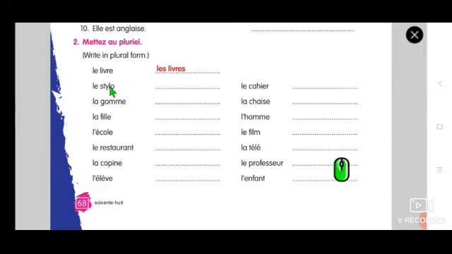When you add les, at the end you have to add an s, everywhere. So this le or la or l apostrophe should commonly be converted to les from top to bottom. Every word will have les, but you end the word again with an s to make it plural. Even in English it is common: pen is singular, pens is plural. So the same strategy you have to use here.